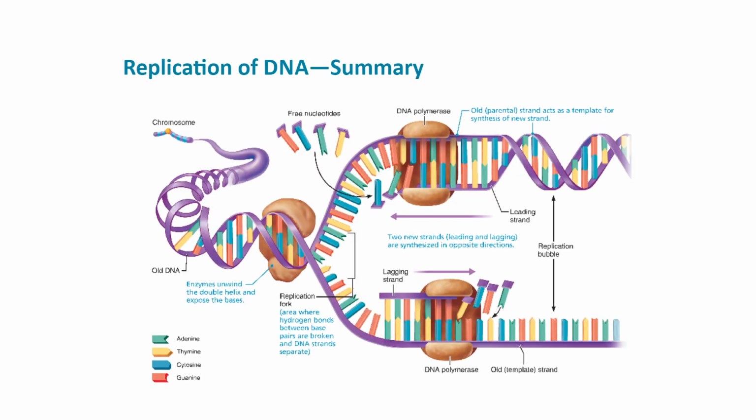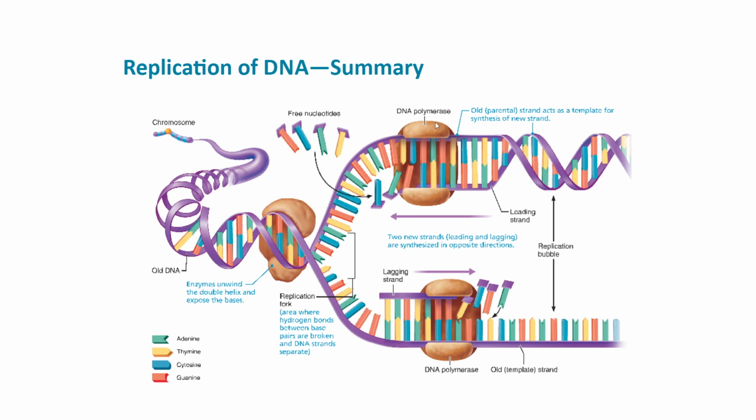So here is just a summary of DNA replication. We can see that we have unwound the two DNA strands. The replication fork is right where they're still being unwound. This area here is the replication bubble, because we can see DNA polymerase actively replicating the DNA.